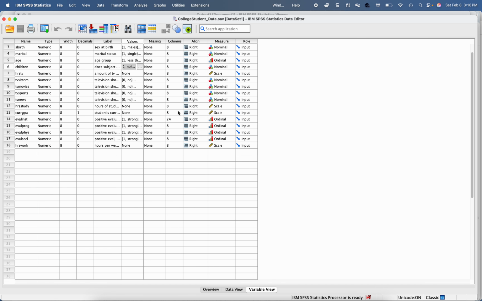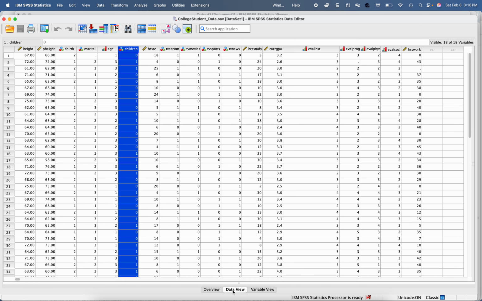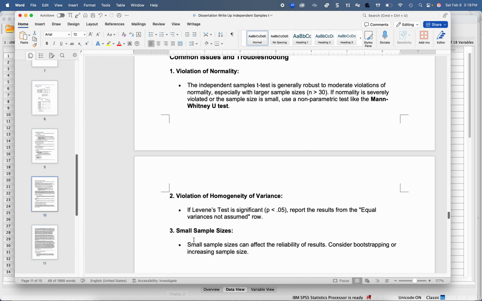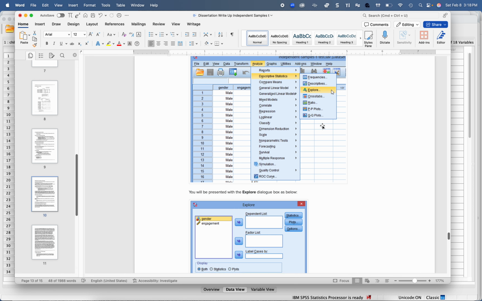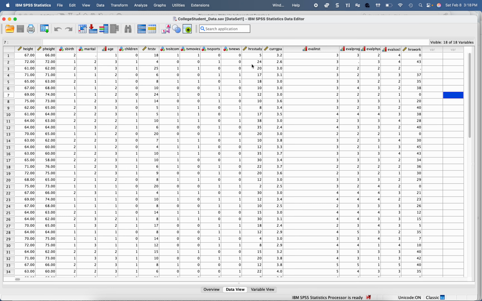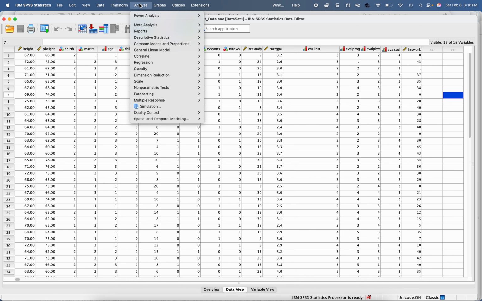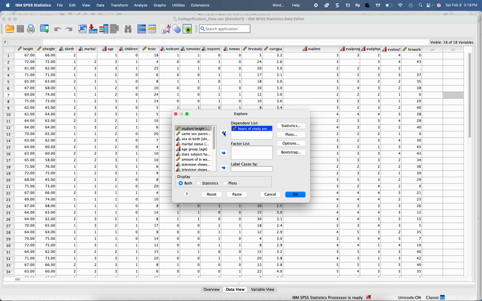So my assumption is I need two groups, and I have two groups. Before I can run my t-test, I have to check for outliers and I have to do Shapiro-Wilk. So I'm going to go into that Explore menu and I am going to keep hours of study per week here.